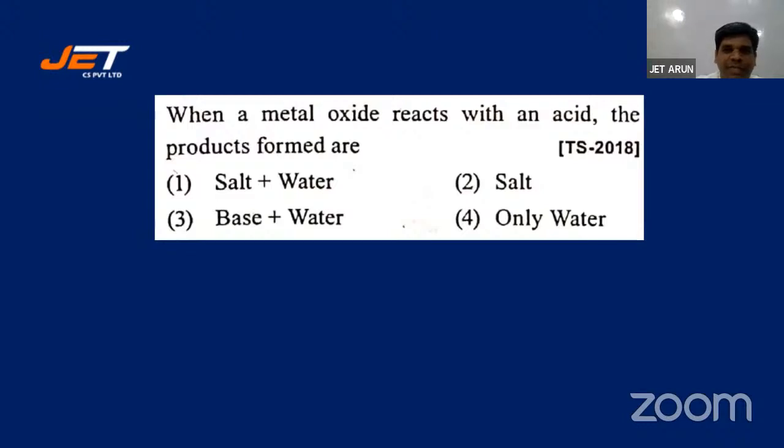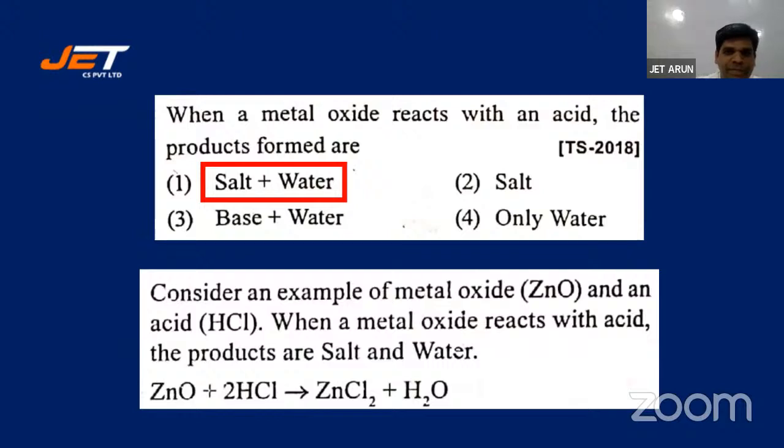When a metal oxide reacts with an acid, the products formed are. I'm getting mixed responses for this one. Salt plus water. Here is an example. Example is always better to understand.